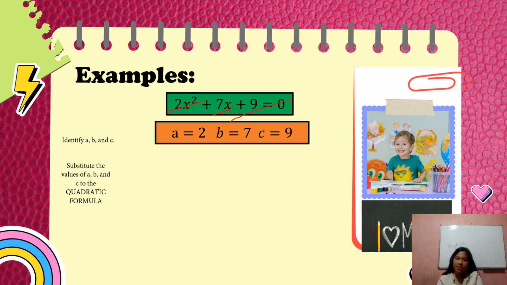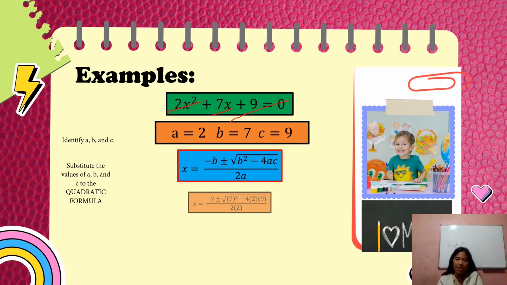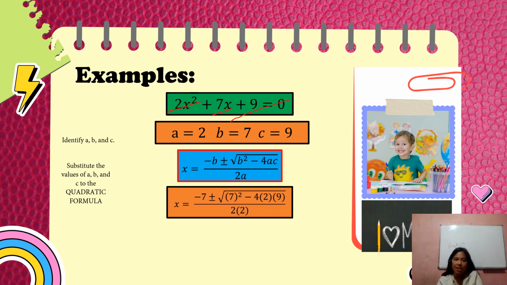Now, substitute this into the quadratic formula. So let's check. Our B is 7, B again 7, A is 2, C is 9, and then over 2A, so we have A as 2. Okay, evaluate. 7 squared, 49. What about 4 times 2 times 9?